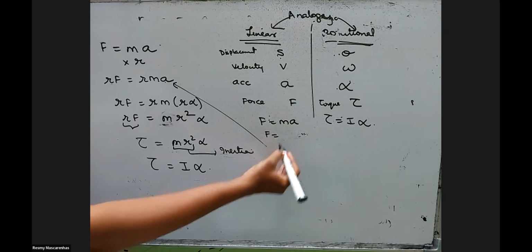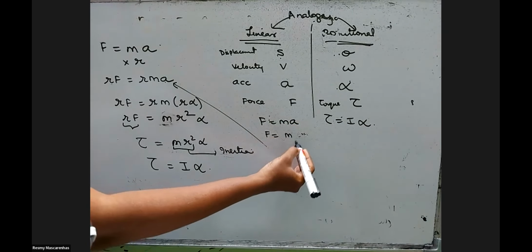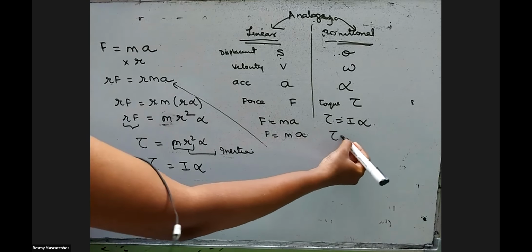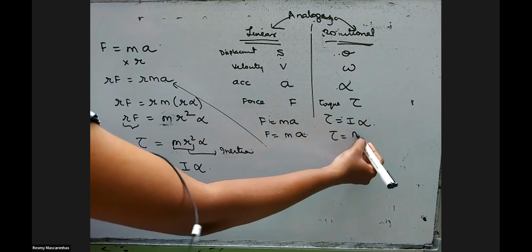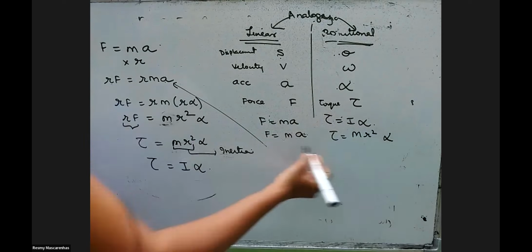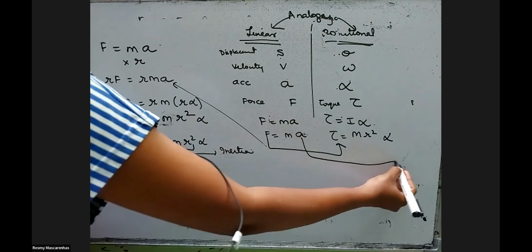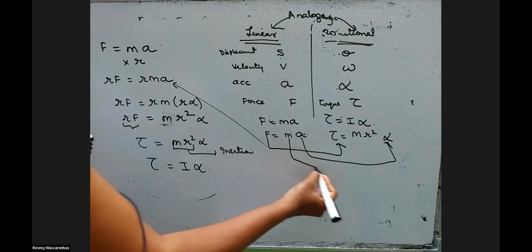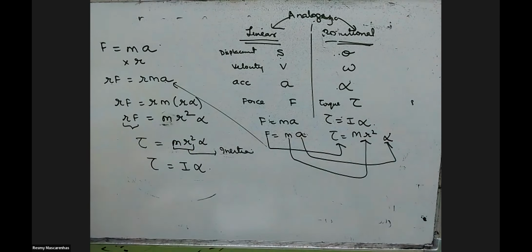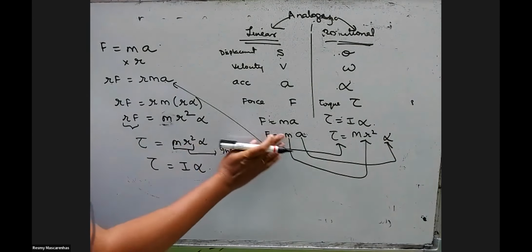So what is this? F is m a, and this will be m r square alpha. Force means torque, a means alpha. So what does the m mean? mr square. Okay, just try to relate this.